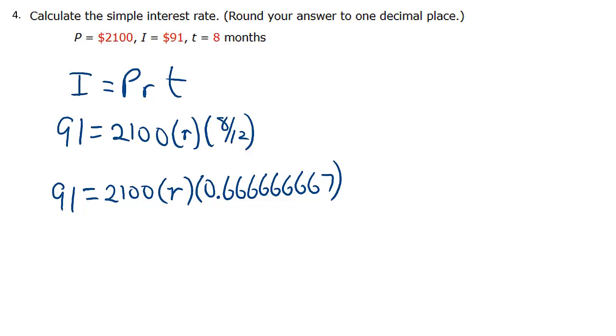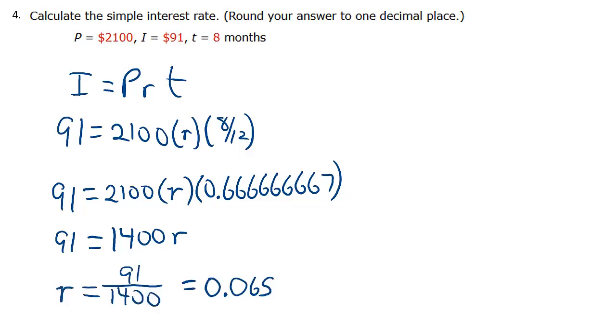Take as many decimals as you can, round at the end. If you multiply 2,100 by that 0.666667, you get 1,400, and 1,400 times R is equal to 91. So if you divide both sides by 1,400, you get 0.065, which if you change it to a percent is 6.5%.